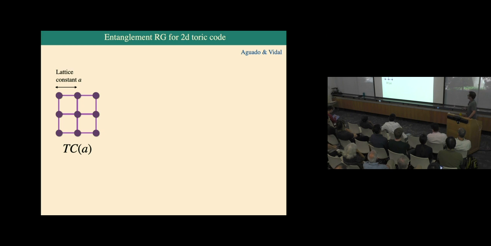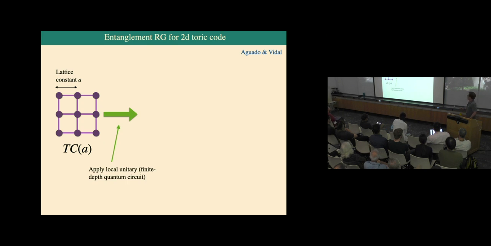In that sort of situation, there's a set of ideas that we call entanglement RG, which I'll summarize. So imagine that we start, very schematically, with the 2D toric code on a square lattice. I'll keep track of the lattice constant, which I'll call a, but this is supposed to be infinite 2D space.